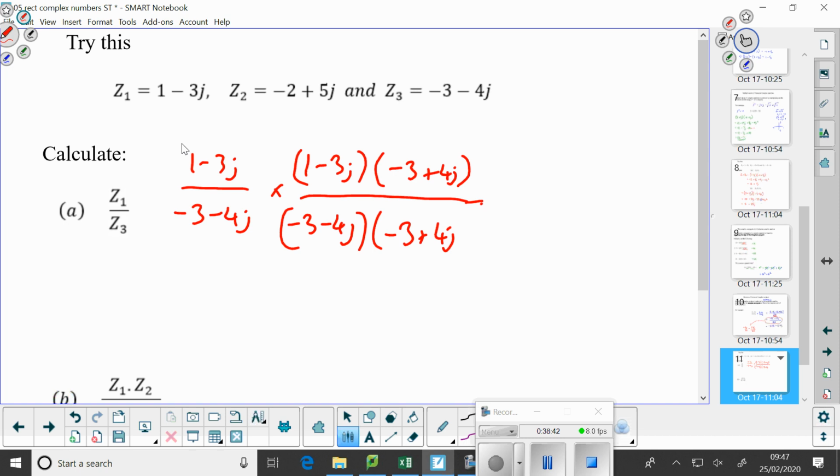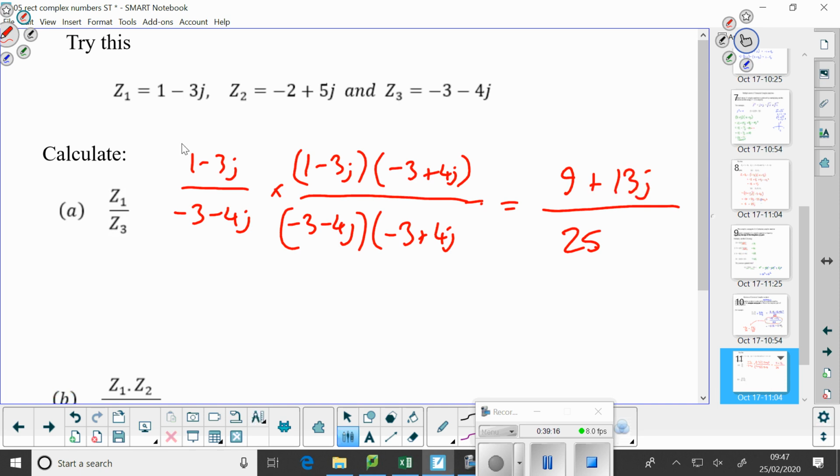Bottom line becomes minus 3 squared is 9, minus 4 squared is 16, so the bottom line is 25. And the top line, I'll do this pretty quickly, becomes 9 plus 13j.